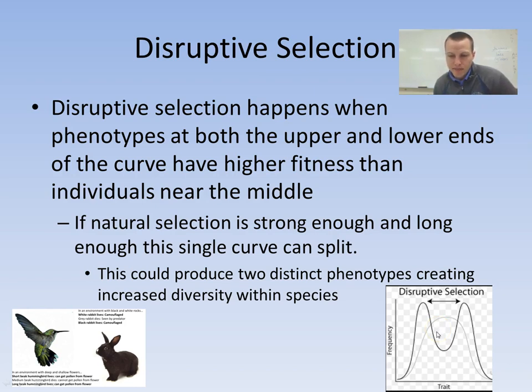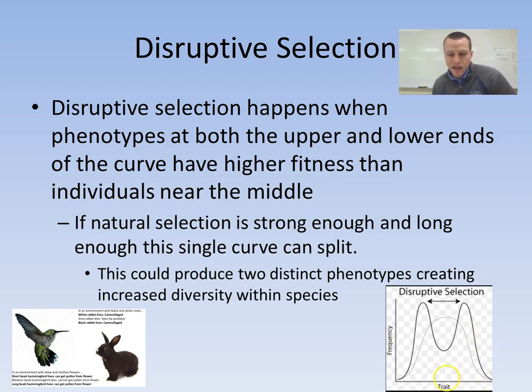Well, over time, this environment changed, and maybe the environment that they hid in changed. So let's say they hid in rocks, and these rocks changed to kind of a black and white coloration. I don't know what it was, but the rocks changed, and it suited the black and white rabbits better because they could camouflage better than the gray.